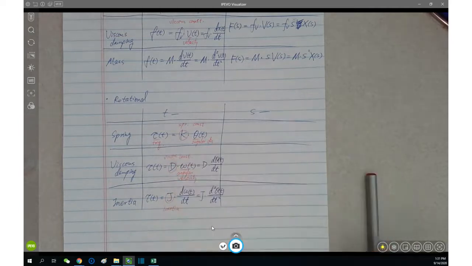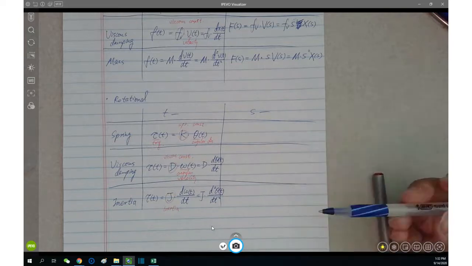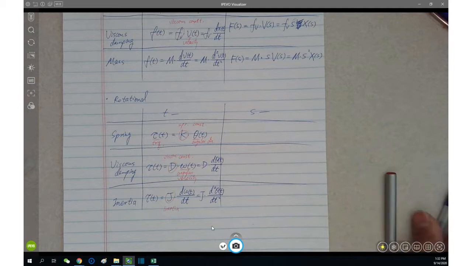Inertial is represented by capital letter J. We'll give you guys 2 minutes to populate the last column. Go ahead.